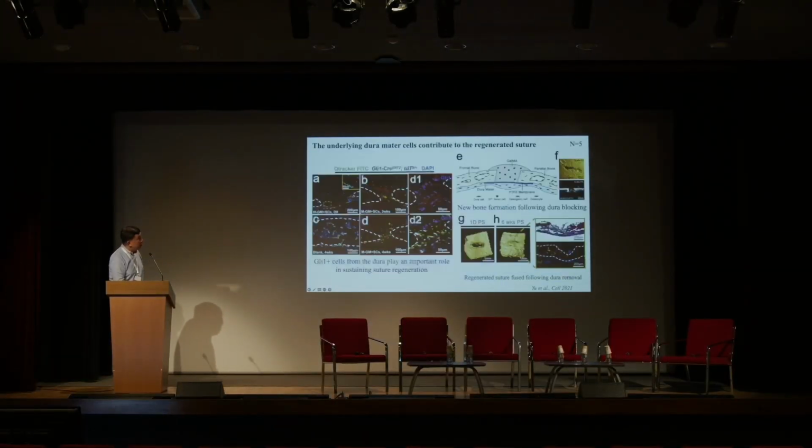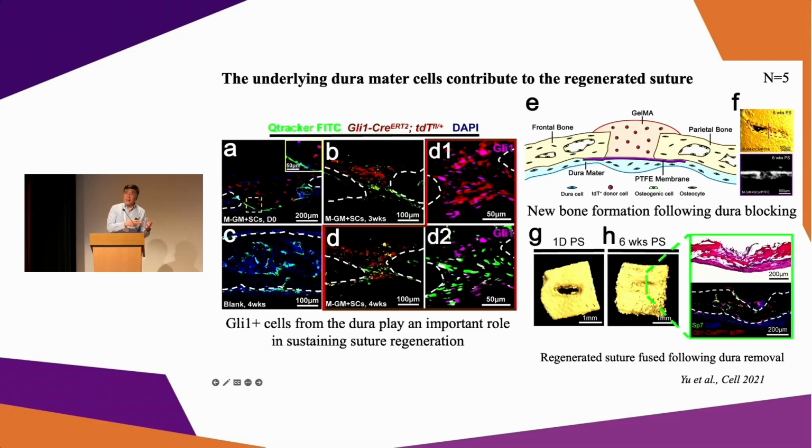So naturally, you want to ask the question, are all these stem cells you put in place still there, or do they actually help to activate some of the endogenous cells to sustain this new suture? And the answer is the latter.